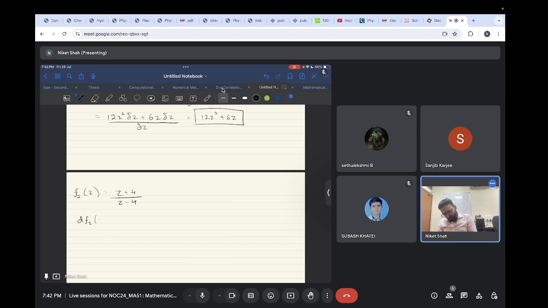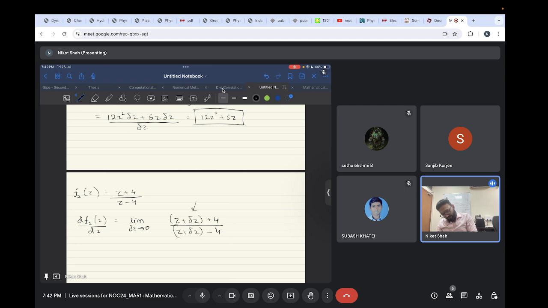Again, del f2 z by dz is equal to the limit delta z tending to 0 of z plus delta z plus 4 divided by z plus delta z minus 4.